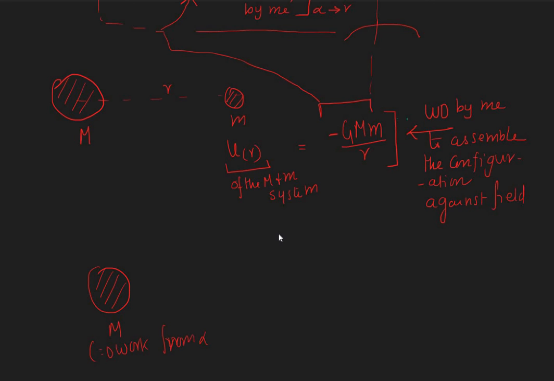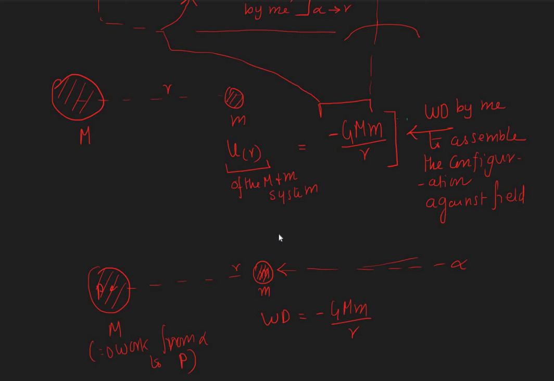And then we take m and bring it from infinity to this point r, and the work done is equal to minus GMm by r.